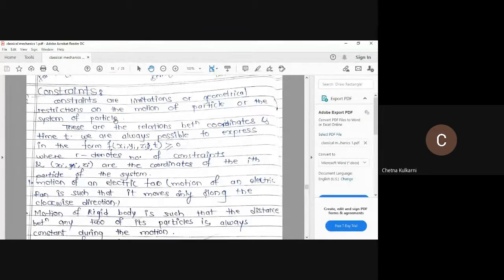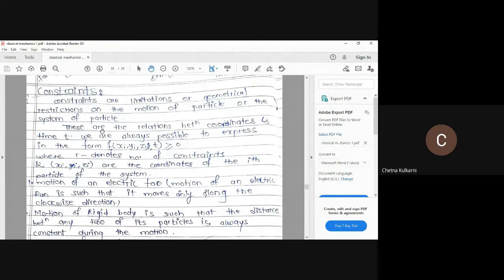So if suppose you are going somewhere, or your fan is working there, or anything else, any type of thing which is happening in the universe, it consists of some limitations. Correct. The limitations may be of any type, just like motion of an electric fan, motion of one sphere, motion of a simple pendulum.